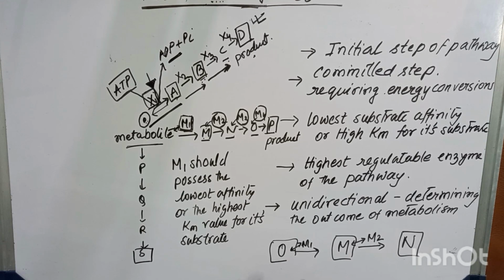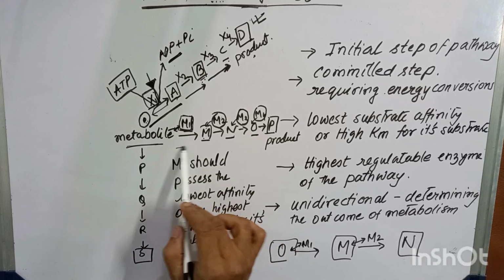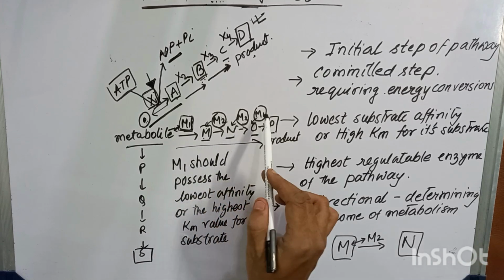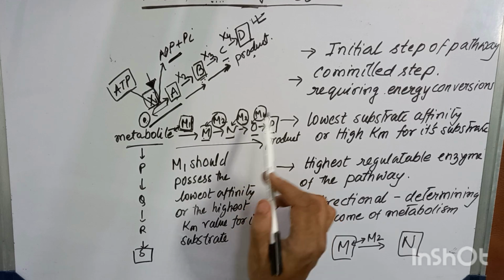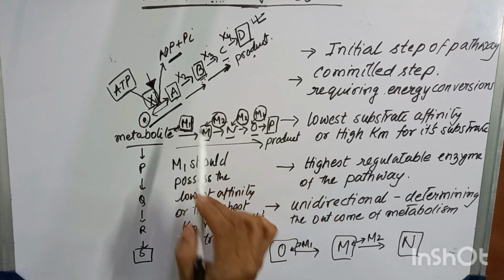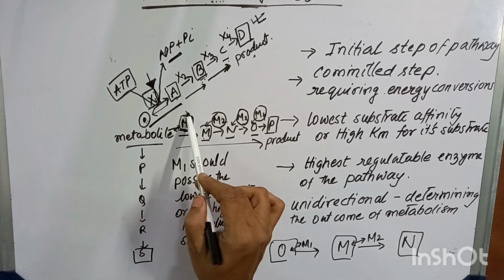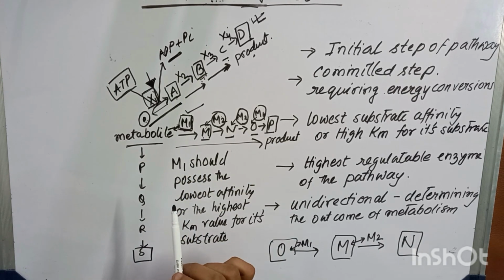So this M1, the initial enzyme which will be the committed step, which is the highest regulatable enzyme, will also have the lowest affinity for its substrate compared to the downstream enzymes with their substrate affinities. When these substrate affinities are compared, the lowest substrate affinity should be that of the regulating rate limiting enzyme.